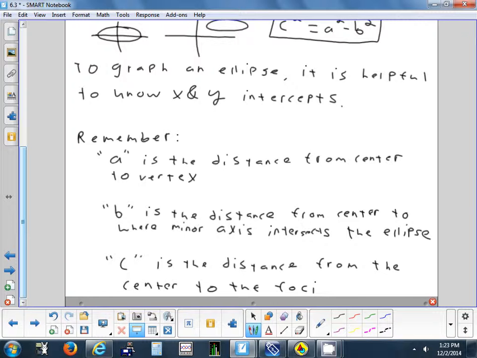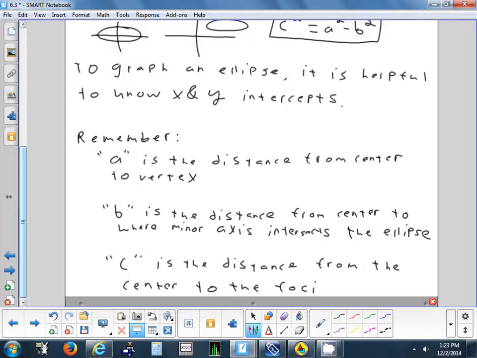A is the distance between the center and the vertex. B is the distance between the center and the minor axis, where it hits the ellipse. C is the distance between the center and a focus. If you just have those 3 things written, you'll know exactly how to find A, B, and C.